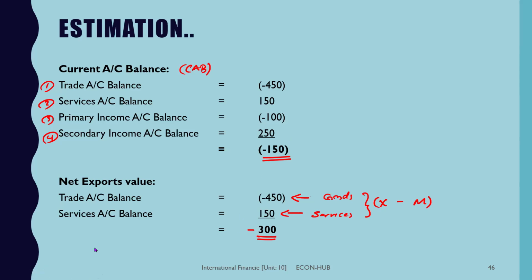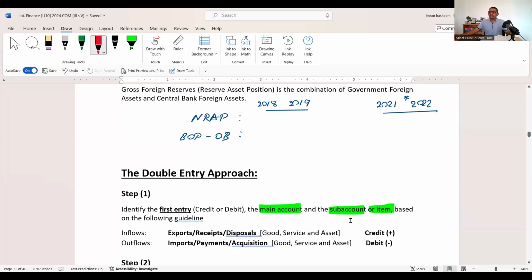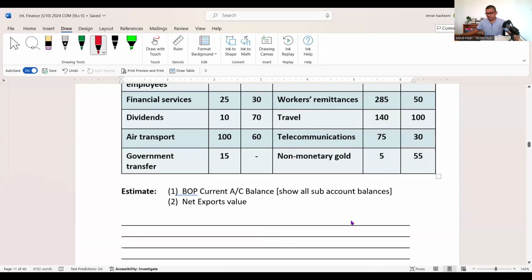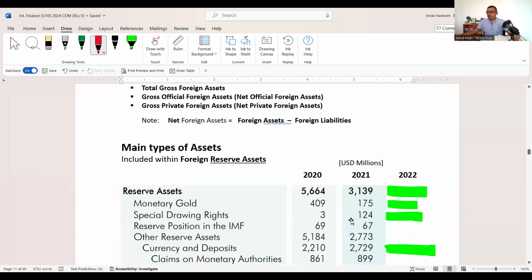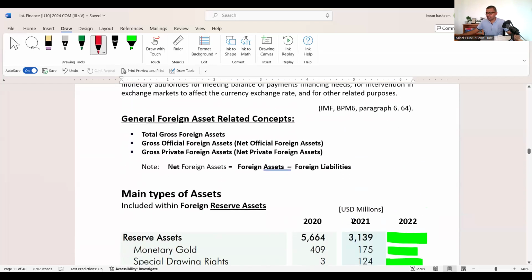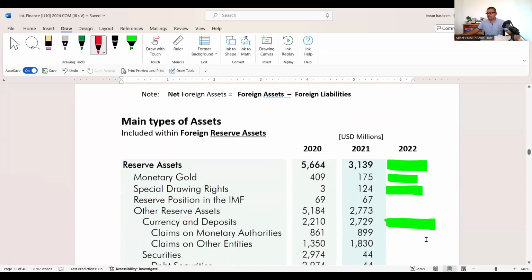Right. So with that, we complete the BOP area. And last week we started the foreign reserves area, if you guys remember. So if I go to the study material, we can see this. In that foreign reserves related area, foreign assets, we looked at the main foreign assets. I hope you guys found these values from the 2022 annual report.